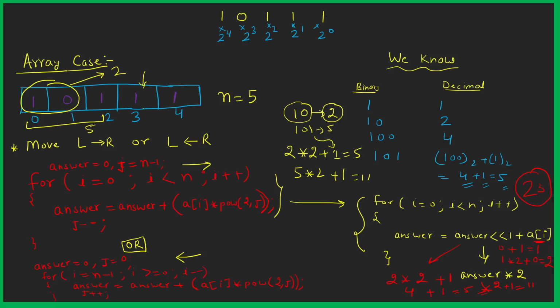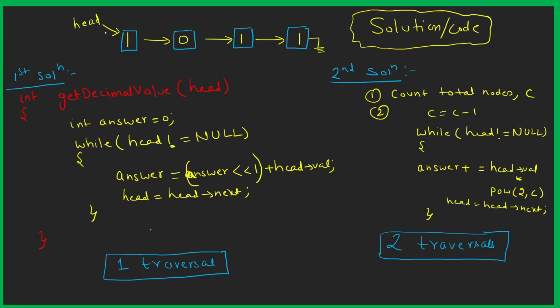Now let's see how we will do the same thing in case of a linked list. So this is the linked list and this is the head of the linked list. The first solution we can do is, let's say we are given this function and the head is passed, that is this head. Now we will iterate from the starting of this linked list to the ending of the linked list, that is till head is not equal to null. And in each iteration we will do the same thing that we did in the array case.